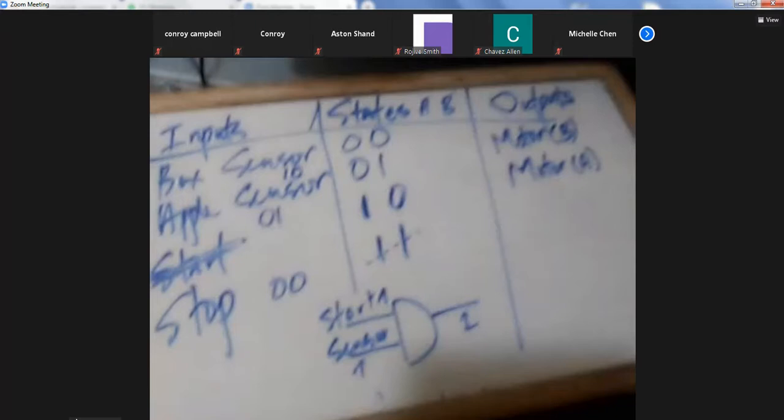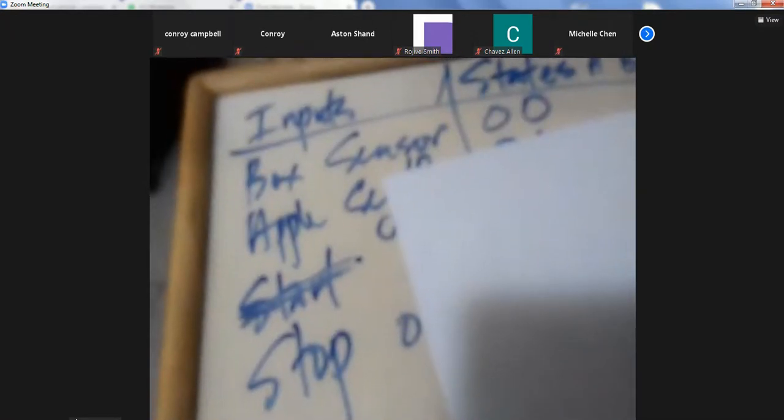I'm going to write this down. How will I know where to make the box sensor stop, sir?